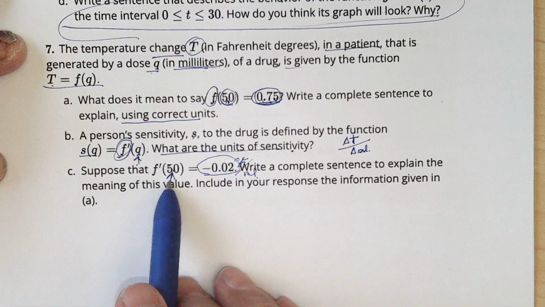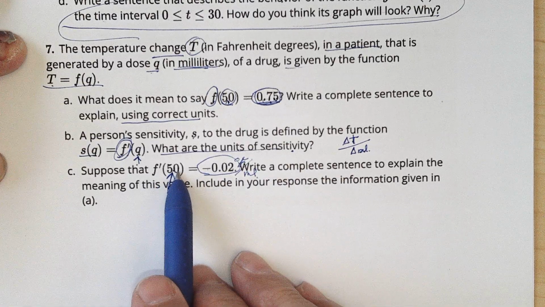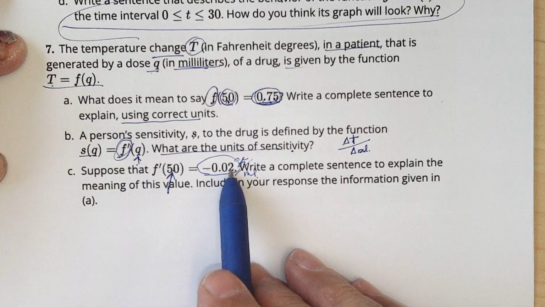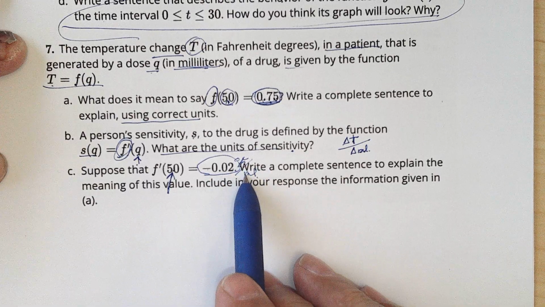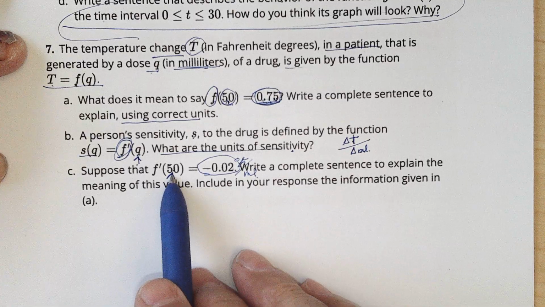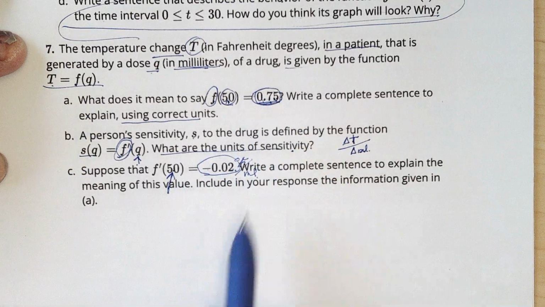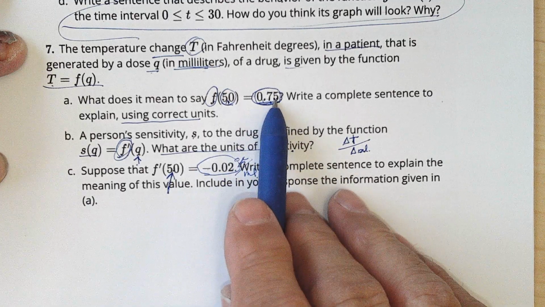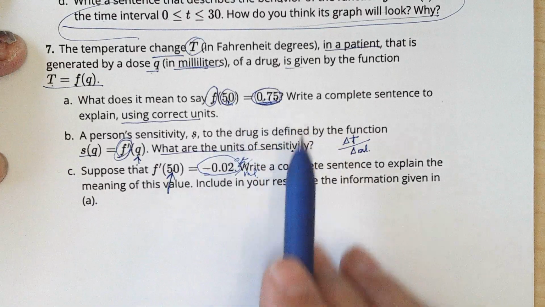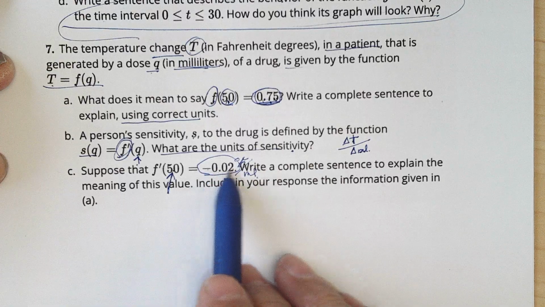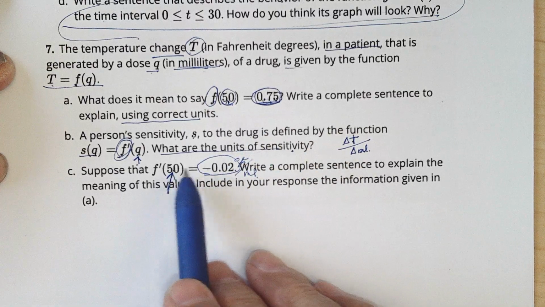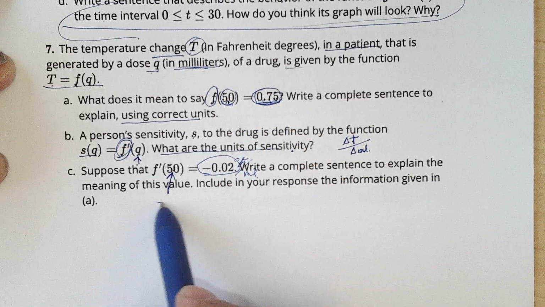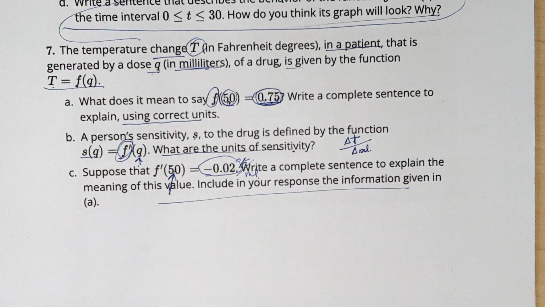So in other words, if they were to go to 51 milliliters, the temperature would drop 0.02 degrees Fahrenheit from whatever they were at 50. So the rate of change in this, instead of 75, it would go to 73.73. So it means a little bit more medicine is going to decrease how much temperature goes up. That's what this one's all about. A little bit confusing.